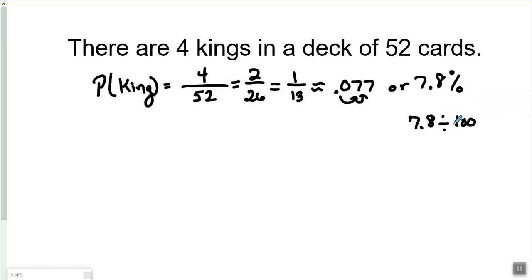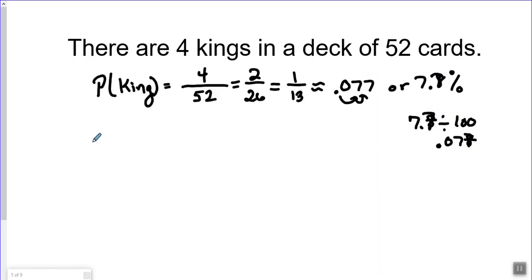Okay? So that tells me to divide, and if I'm dividing by 100, that means I move the decimal to the left. Okay? So in this case it would be 0.077. Oh, you know what? I just wrote the wrong number. So 77. Okay?